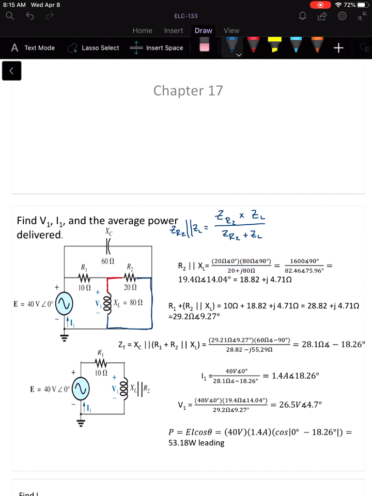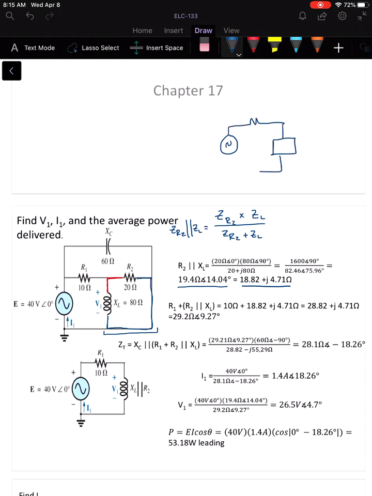So what you get there is the combination of these two impedances is 18.82 plus 4.71J, or in polar form 19.4 at an angle of 14 degrees. Okay, once you combine those, let me do a quick redraw just so you see the shape of what's going on here.